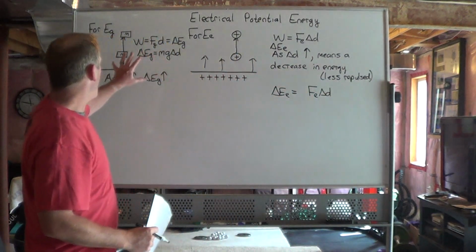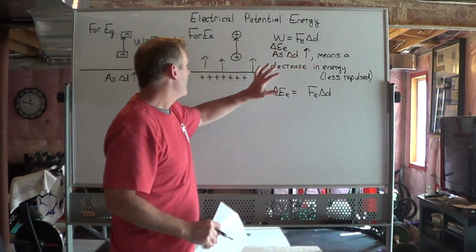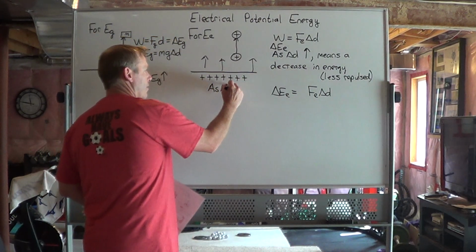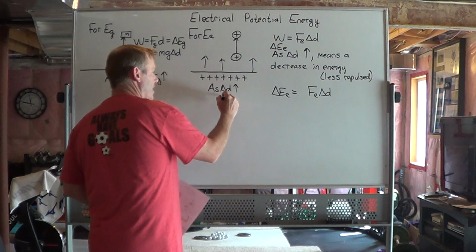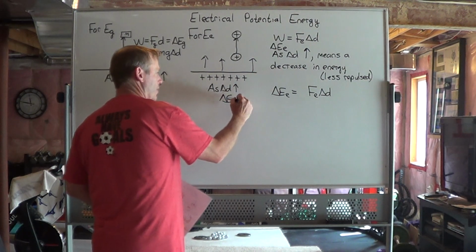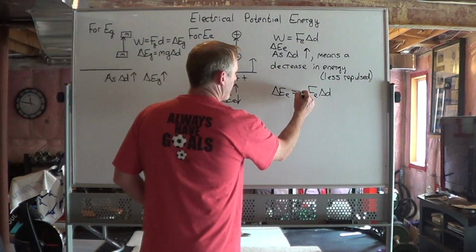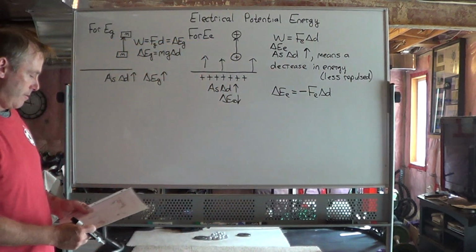But because the opposite thing is happening, as we increase our delta d, we actually get a decrease in electric potential energy. And to show that things are the opposite, I'm going to put a minus sign there.